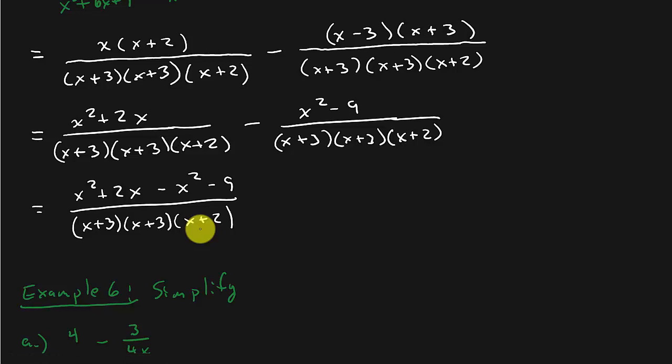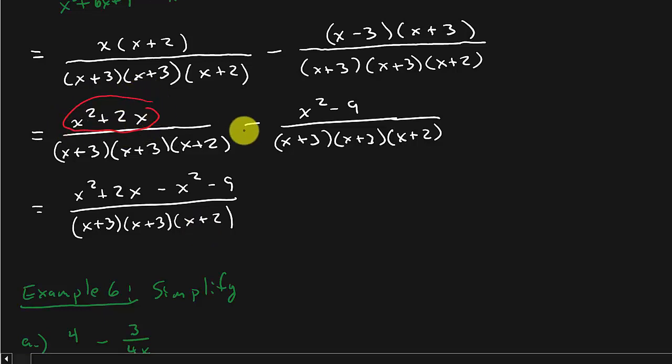All right, so where did I go wrong? Remember, it is this minus that, right? Minus all of this. That has to go in parentheses. Don't leave the parentheses off. Okay? So now I've got x squared plus 2x, and now I'm going to distribute the negative.